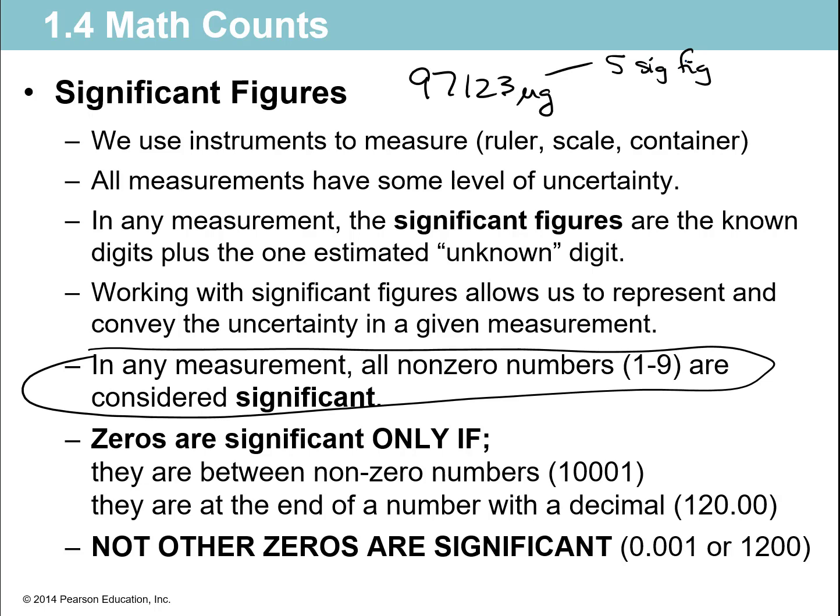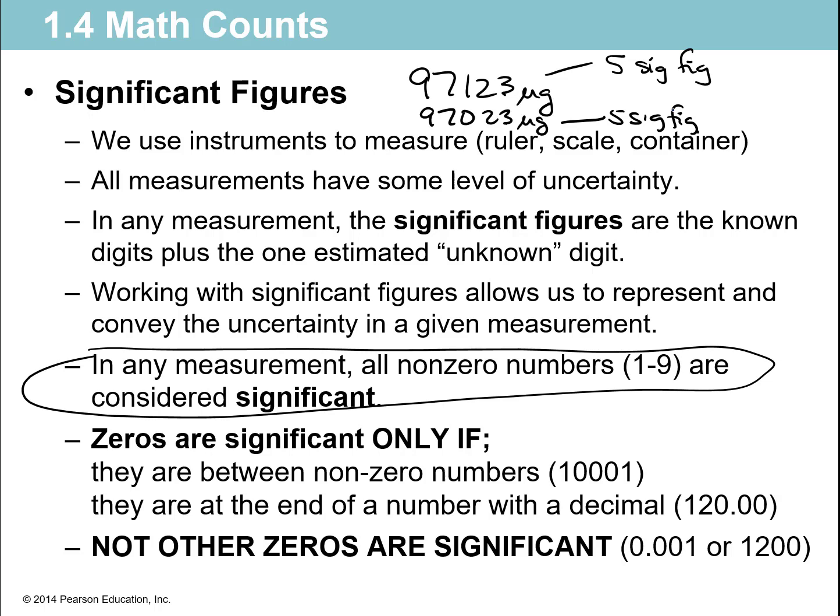Zeros are really the only ones that cause trouble. And the way that you remember if a 0 is significant is if a 0 is in between. So if I had 97,023 micrograms, that would also be 5 significant figures. If I have a 0 in between, it's considered I measured it at the 0. Okay, so in between is always significant.